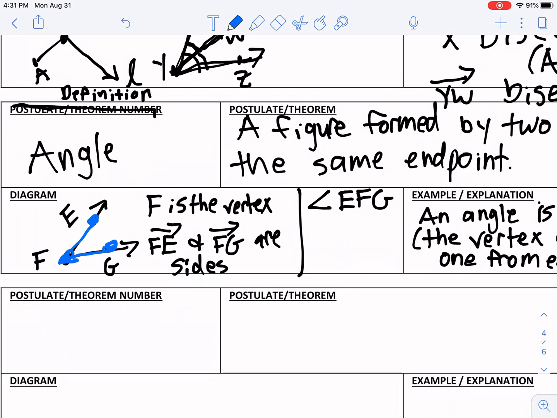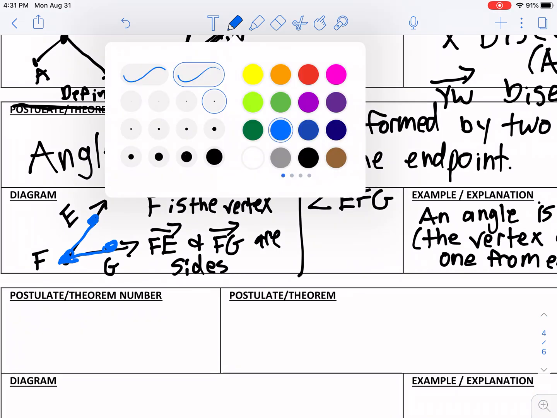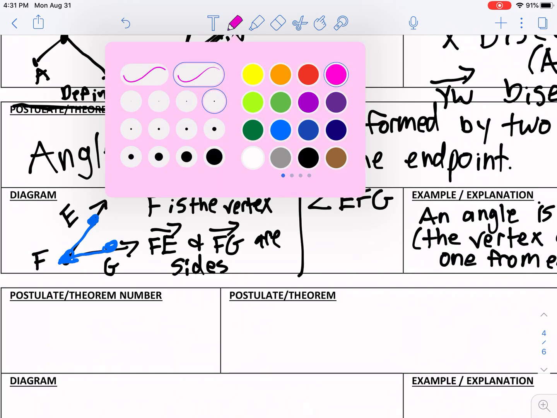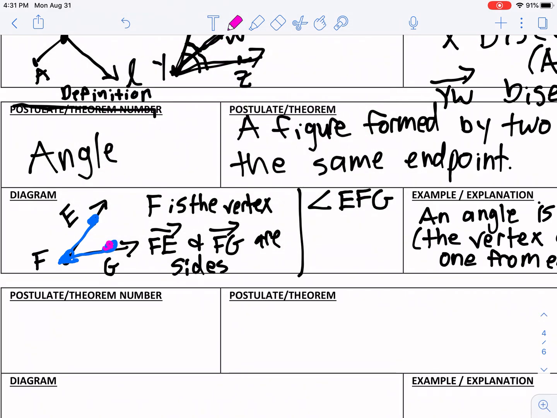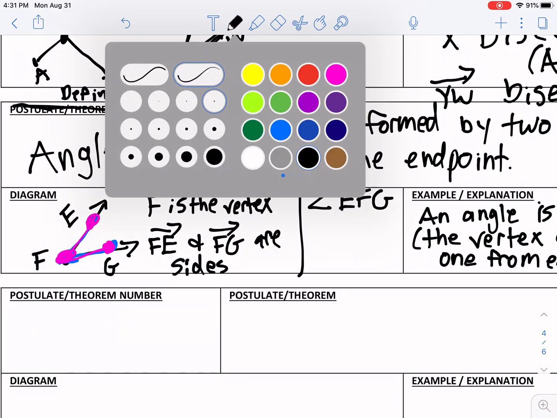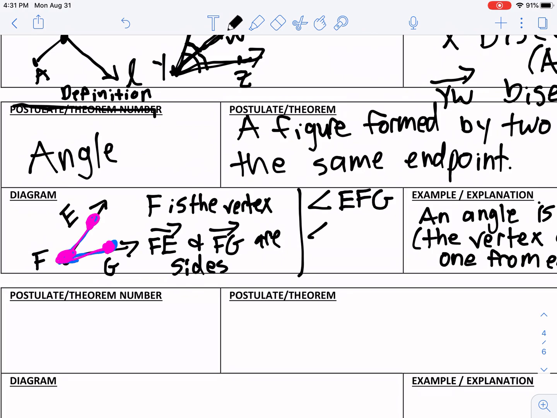Now we could also name it the other way: angle GFE, F still in the middle. These are probably the two most common ways that you'll see an angle named.